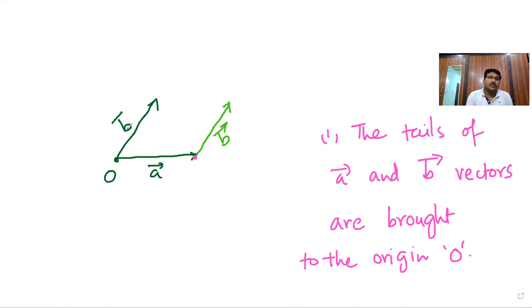To add these two, the B vector is kept parallel to here, by constructing a parallelogram, such that to the head of the vector A, the tail of the vector B is added.